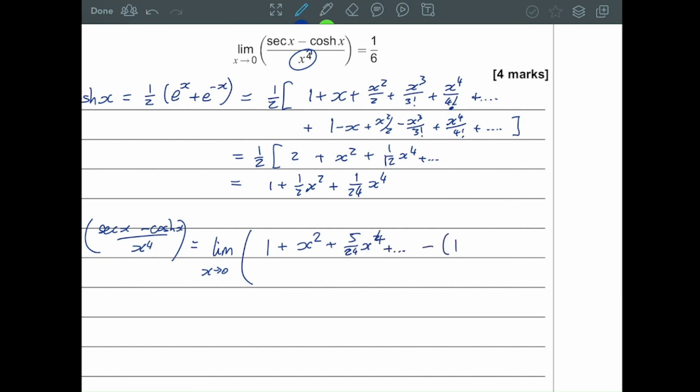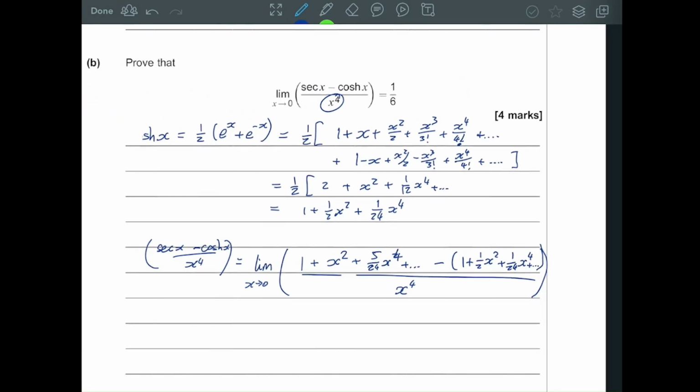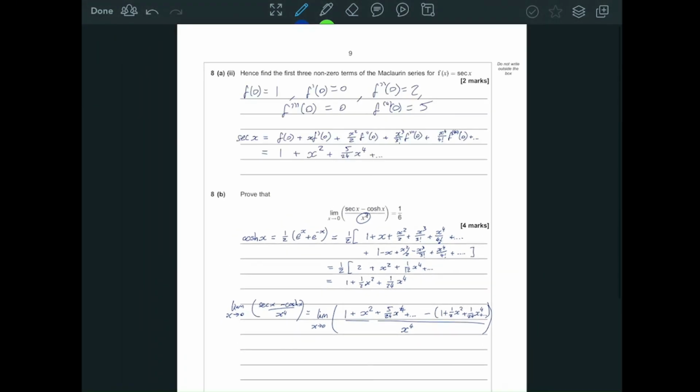And I'm subtracting off, because I'd really quite like the x squareds to cancel so that we have just a nice fraction of x to the 4. So do I think my mistake is in my cosh, or in my sec? And I've got a nasty feeling that this here is the mistake.